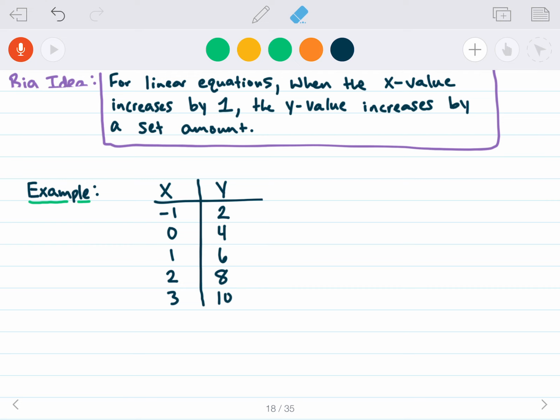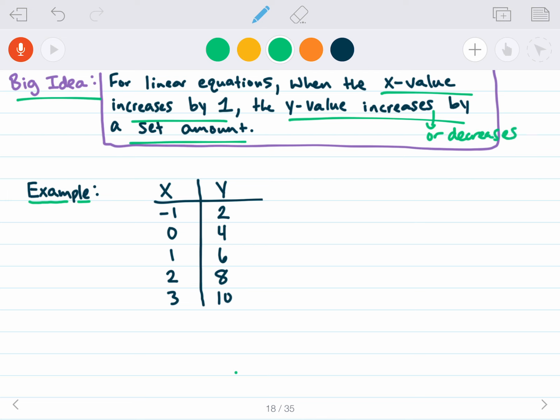When you look at a table, you can tell right off the bat if it's linear, if it produces a line. And this is how you do it. When the x value increases by 1, the y value is going to increase by, or decrease by, a set amount.